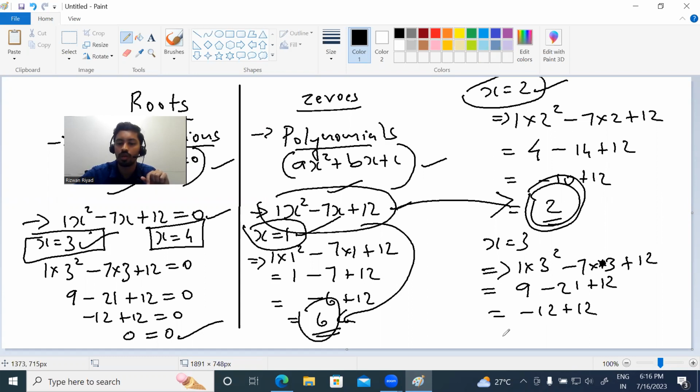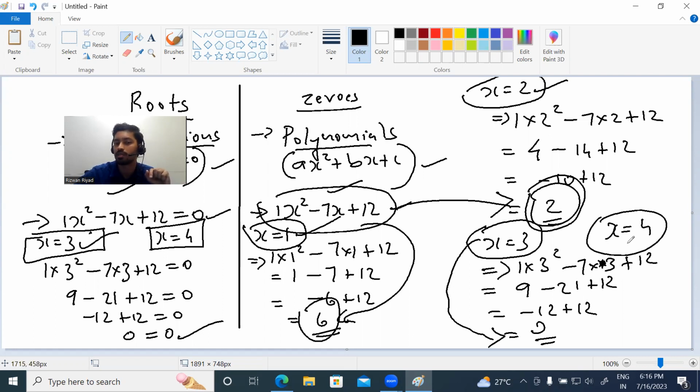Minus 12 plus 12 is equal to 0. That means if you put x equal to 3, the value of the polynomial becomes 0. That means 3 is a zero of this polynomial. In the same way, you can check with x equal to 4 also. Please try this. So here we can say that 3 and 4 are zeros of this polynomial.